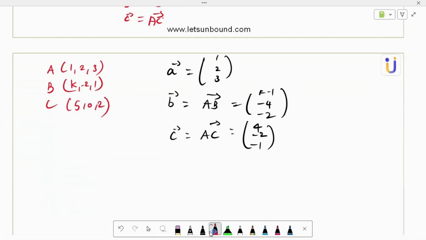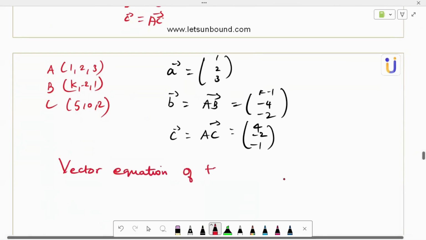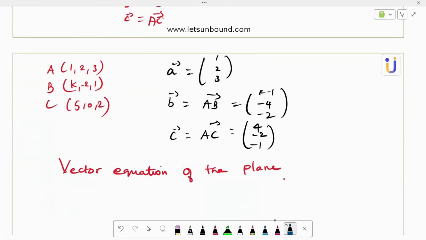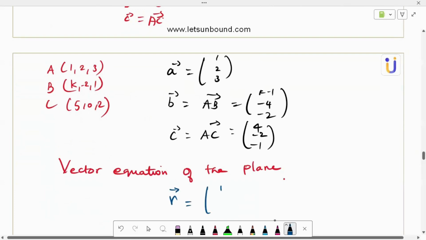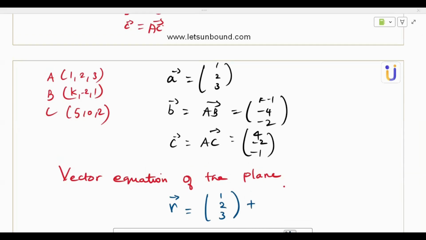Right? So let's make the vector equation of the plane. The vector equation of the plane is R vector equal to 1, 2, 3 plus lambda times... We have already used lambda, but that is not a problem, it won't affect it.